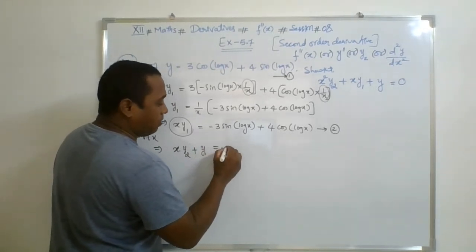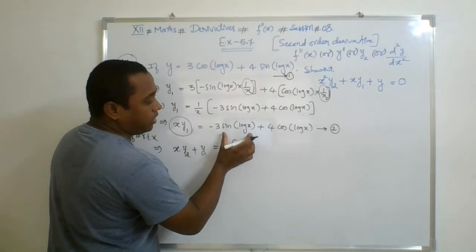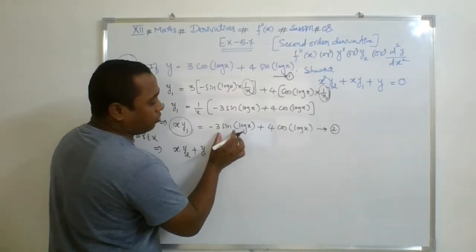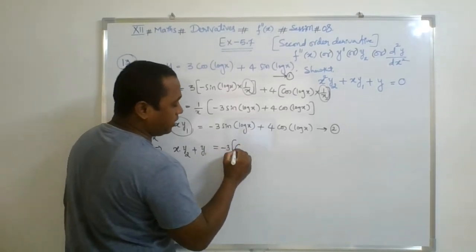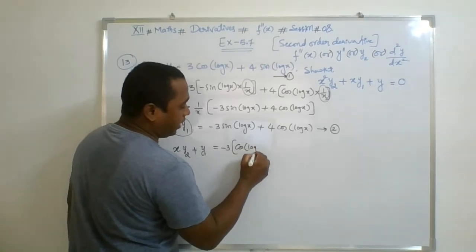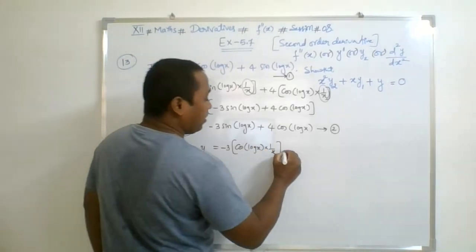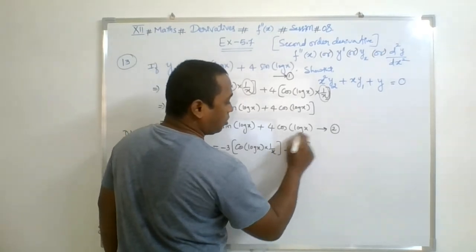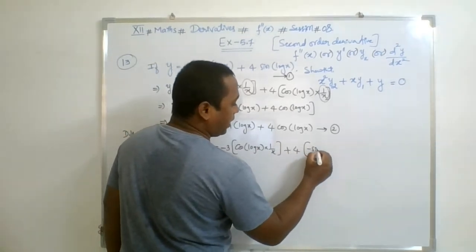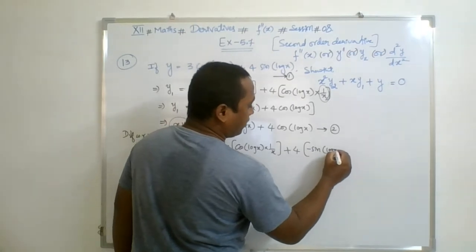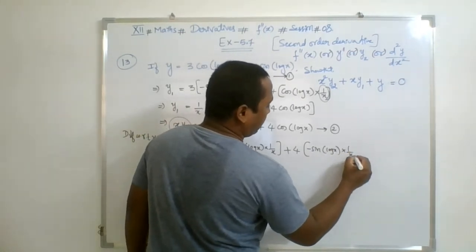Then similarly minus 3 will be out. Then it is again a function of function. So derivative of sine of log x is cos of log x into 1 by x. 4 times of cos of log x gives minus sine of log x into 1 by x.